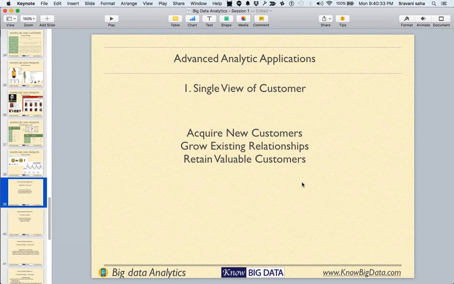Now there are a lot of advanced analytics applications. Normal analytics is just trying to compute various kinds of insights into the data, like what are the various verticals our customers are from, what is the average age, what is the age distribution of our customers, or what has been the productivity of various machines.